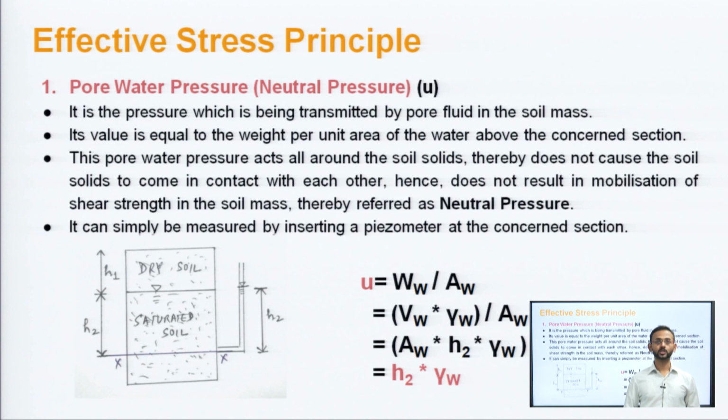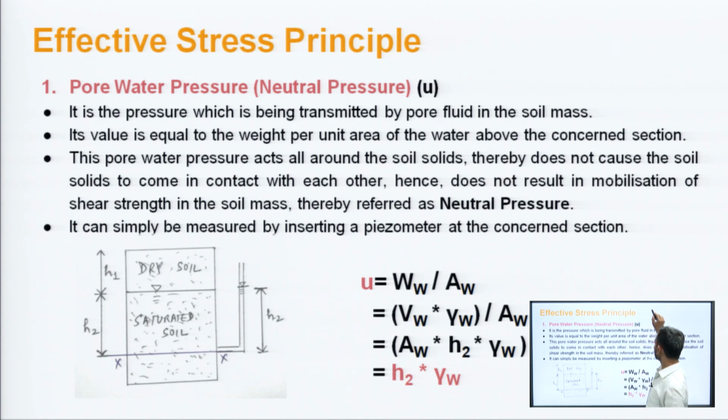So, when we talk about this pore water pressure, it is the pressure which is contained in the voids. You already know that soil is a three phase system wherein it contains solids and the voids, and the voids are the empty spaces which contain air and water.